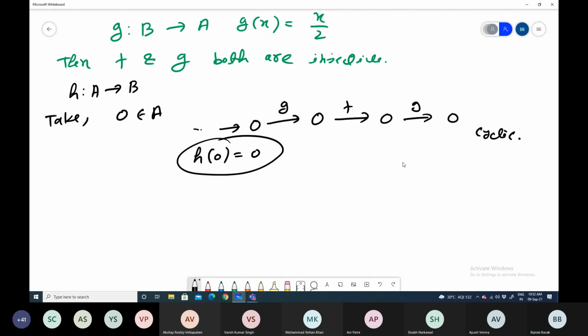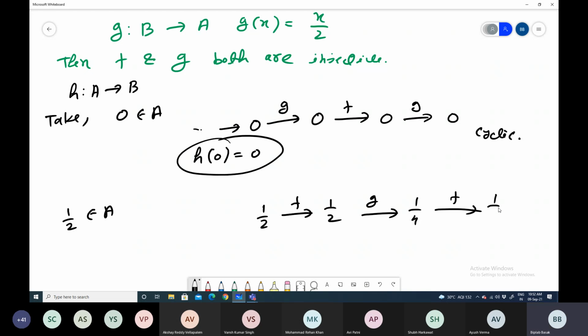Now take 1 by 2 belongs to A. Now 1 by 2 by F is 1 by 2. By G, it is 1 by 4. By F, it is 1 by 4 again, and it is going in this direction. And what is the inverse image of 1 by 2 by the G?